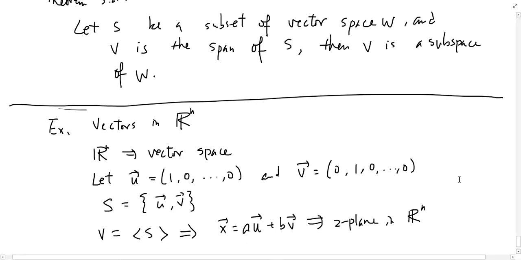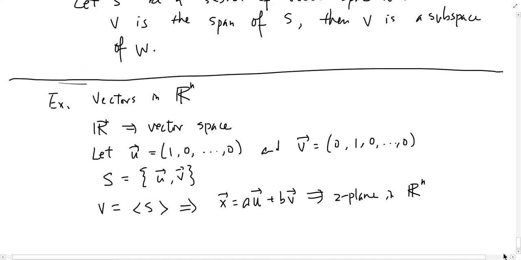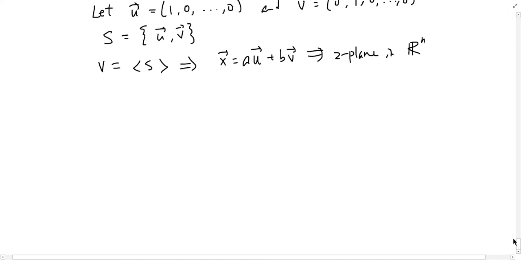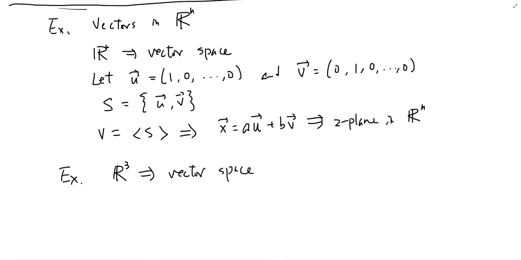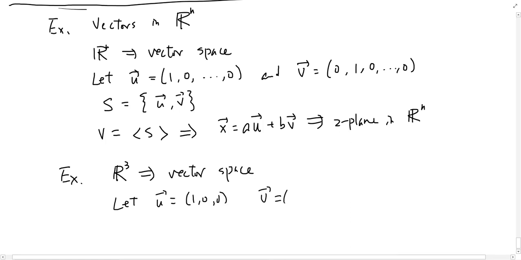Now, let me show you a more specific example in Rn. How about this one? Imagine we have R3 as our vector space. Then I'm going to let vector u be the vector 1, 0, 0, and vector v be the vector 0, 1, 0.